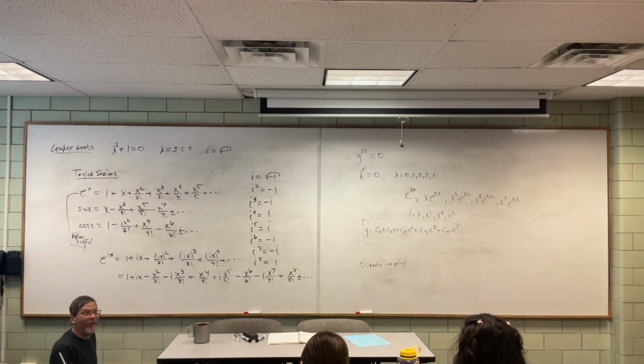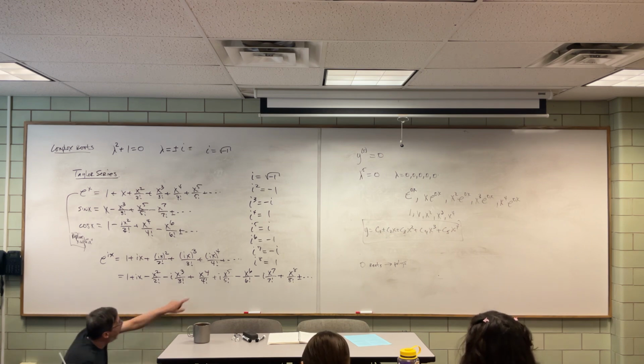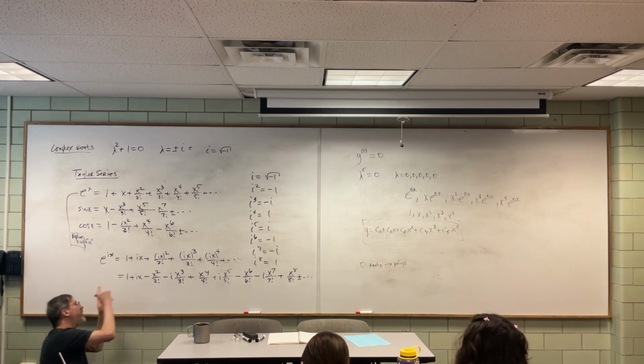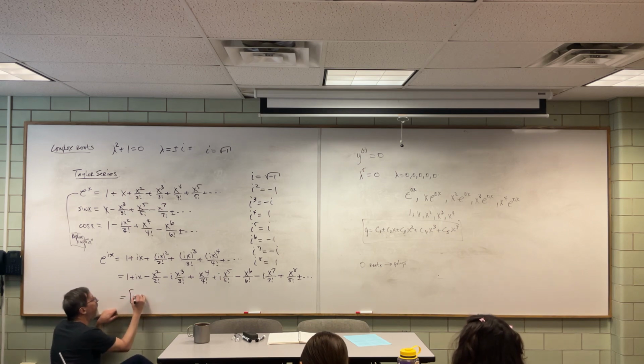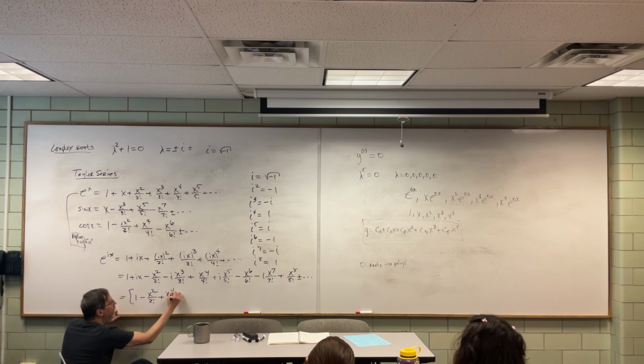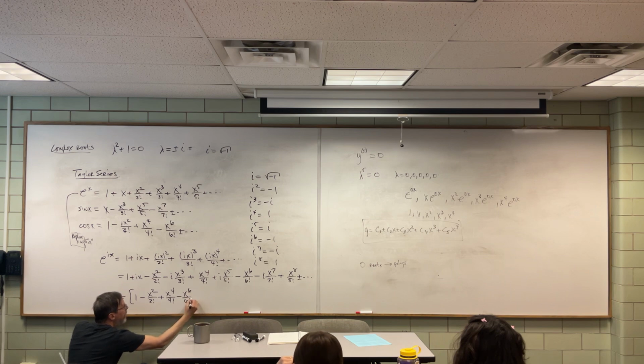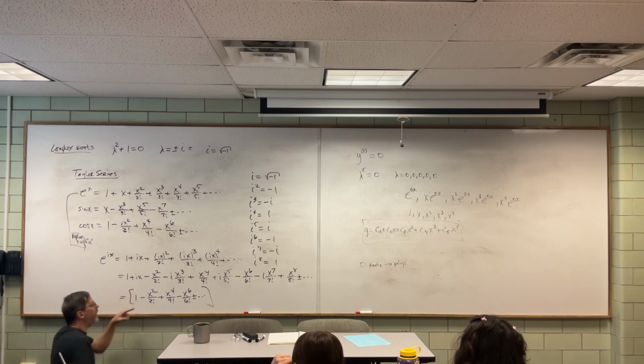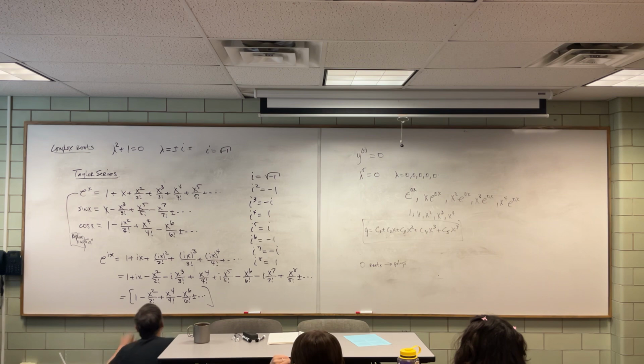Now I'm going to group together the real part and the imaginary part. Notice how every other term has an i in front of it and every other doesn't. So let's put all the ones that don't together. That's the real stuff. And then the rest of this stuff has an i in front of it.